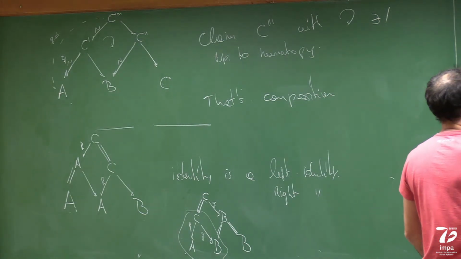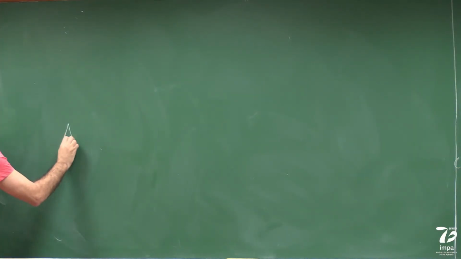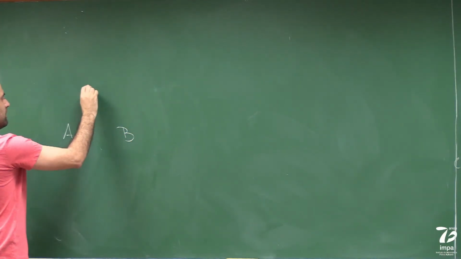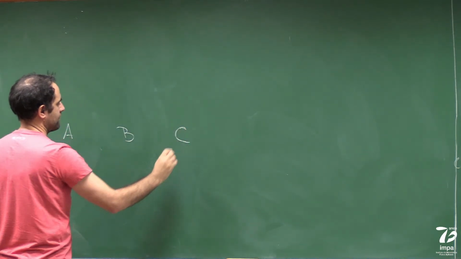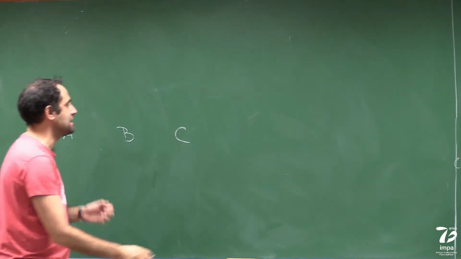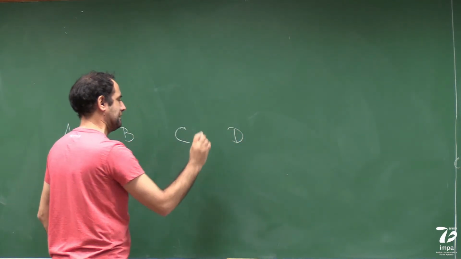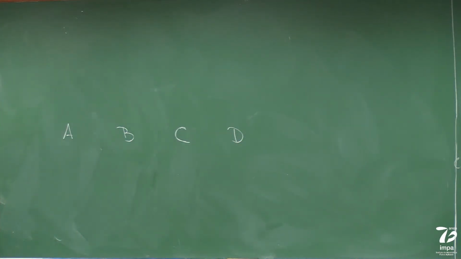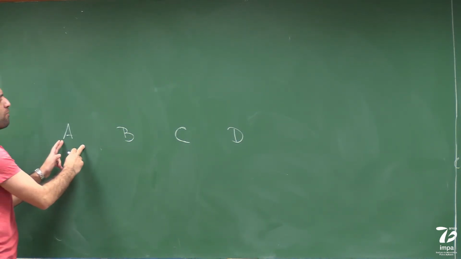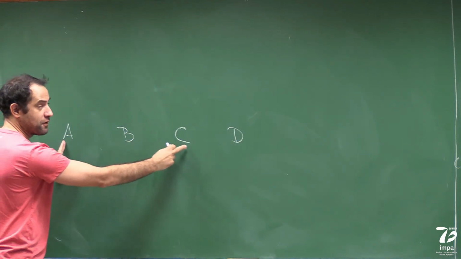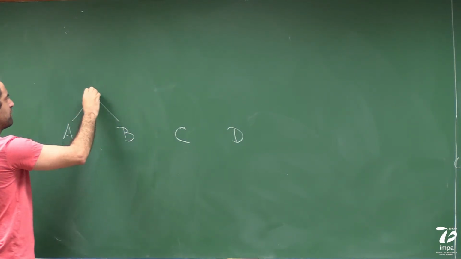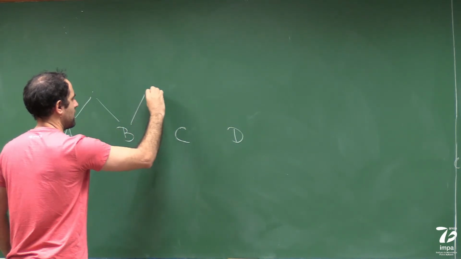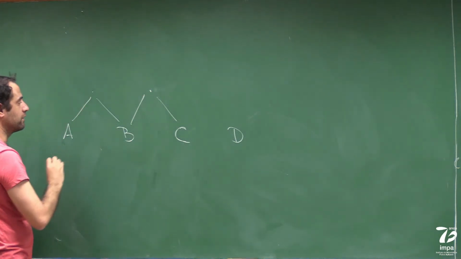Okay, so now I have some A, B, and a map from B to C, and a map from C to D. So I can compose the map from A to B with the map from B to C. So I can compose these maps here. I'm not going to even put names to the things that go here and there.